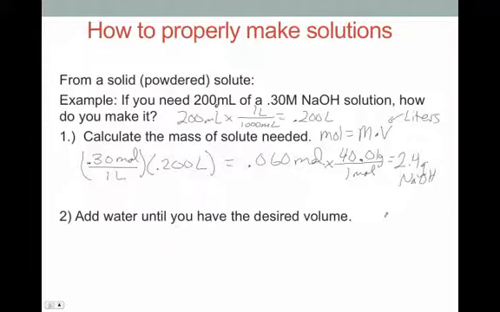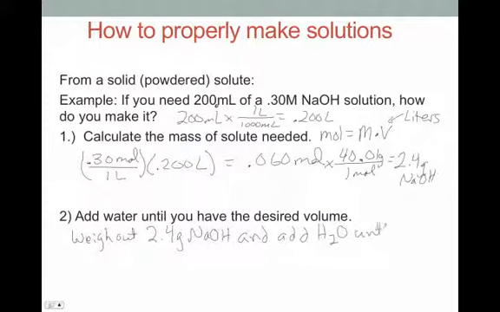And then the next thing you do is you add water until you have the desired volume. So the next thing that you would write is you say you weigh out 2.4 grams of NaOH and add water until you have 200 milliliters of solution.